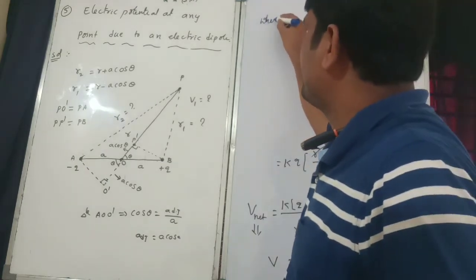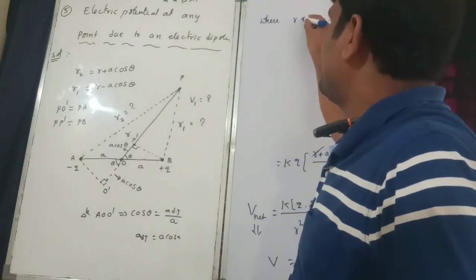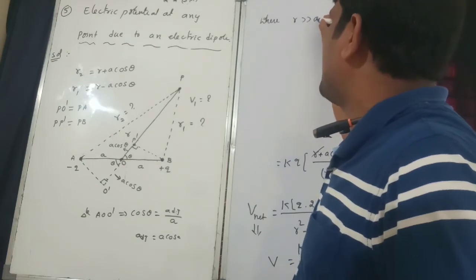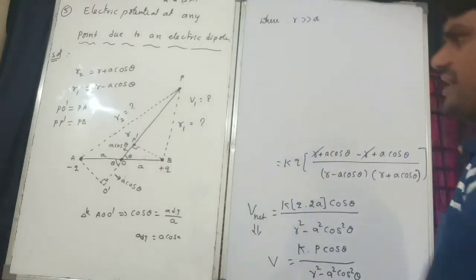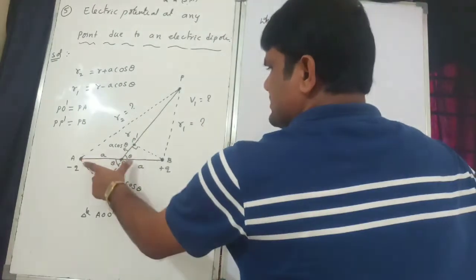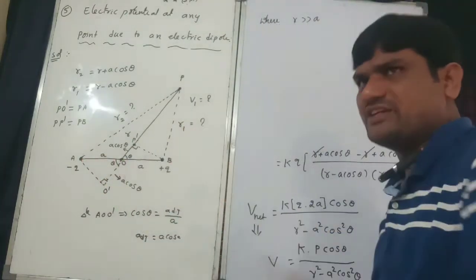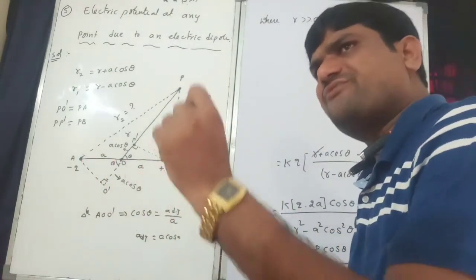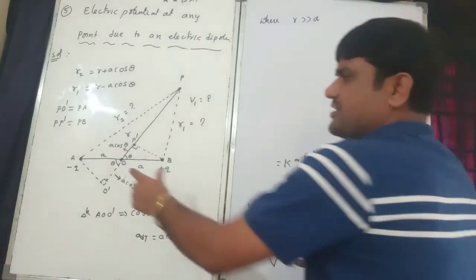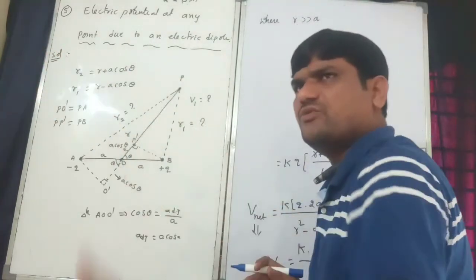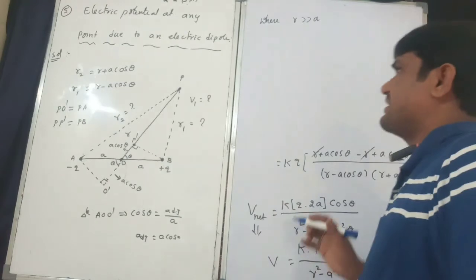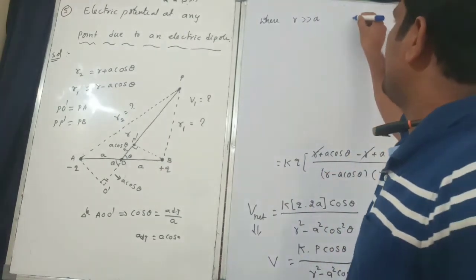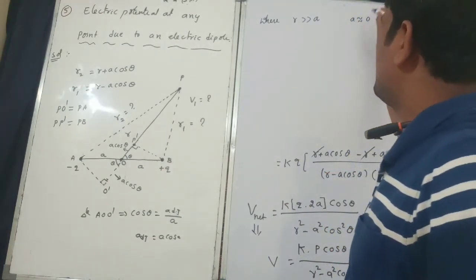So, where R is greater than A. R is greater than 2A, which is a very small distance, and A is still a very small distance. That's what we can neglect, so A is nearly equal to 0.